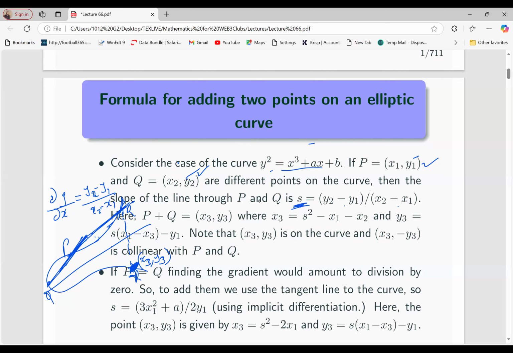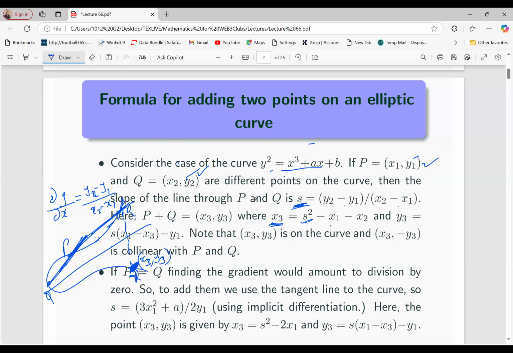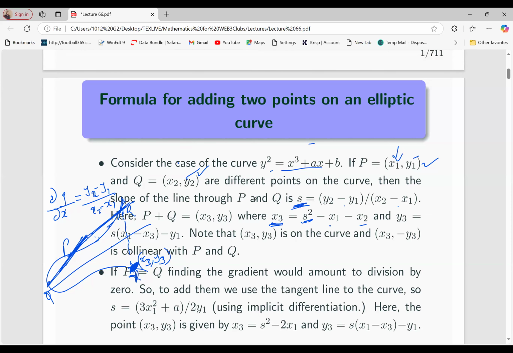To get x3, the formula is you take the gradient, square it, then subtract x1, then subtract x2. X1 was the x value for P, and x2 was the x value for Q. That's how we get x3.